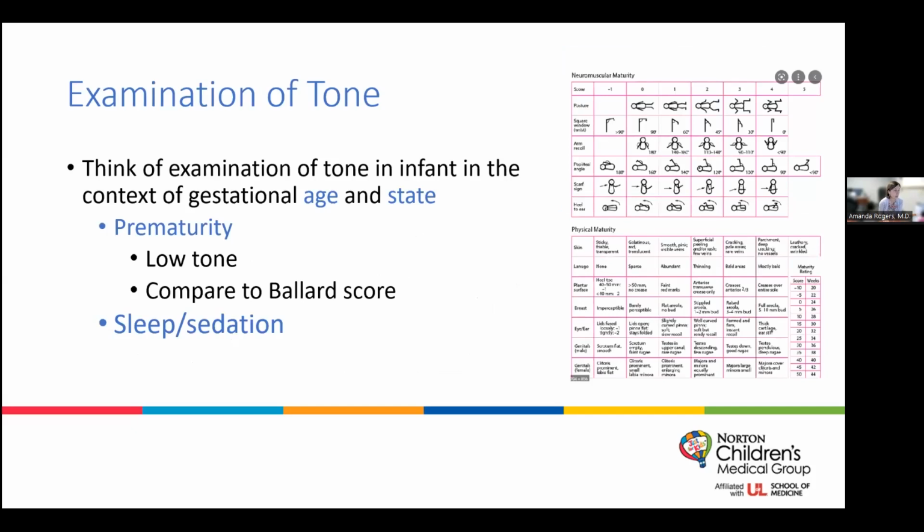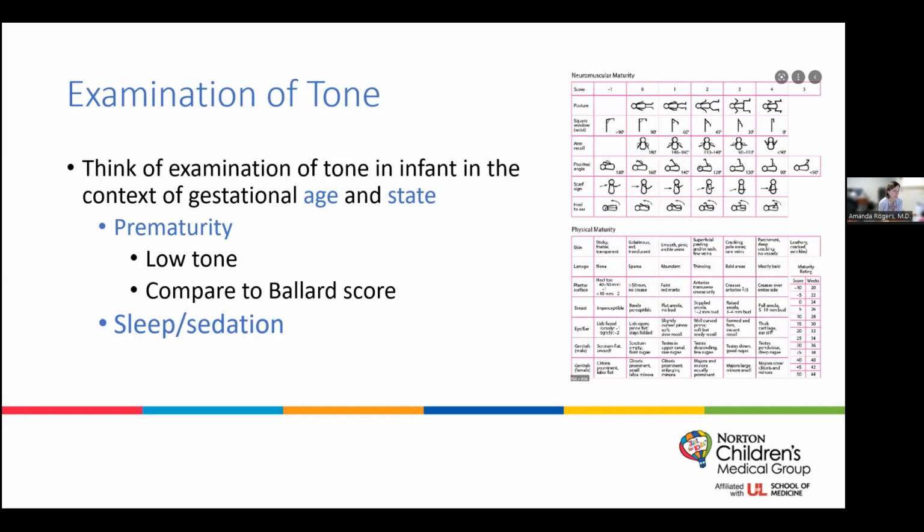Premature infants are going to be hypotonic. We don't expect them to have the same muscle tone as a full-term baby. Even for people who are familiar with the Ballard score, part of that score is actually seeing the flexibility and the hypotonia that's normal for premature infants.